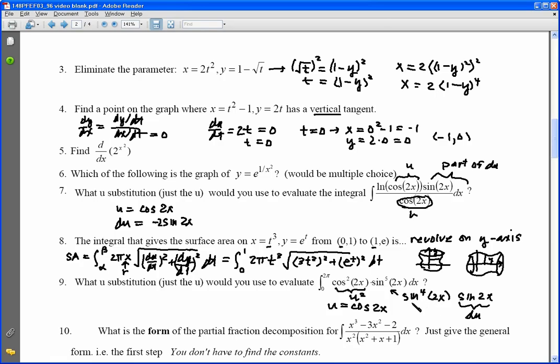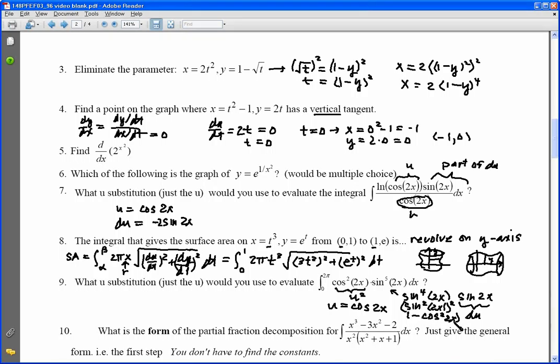And then remember, if you wanted to go further, what you do is you write this as sine squared squared, sine squared 2x squared, and then you write each one of these as 1 minus cosine squared 2x. And that gets squared.